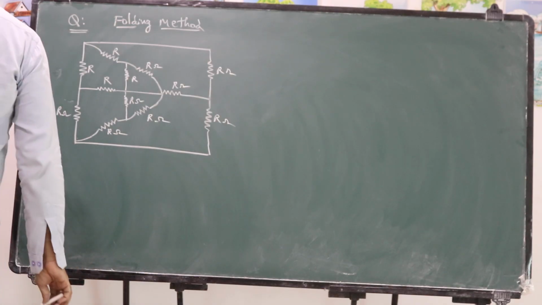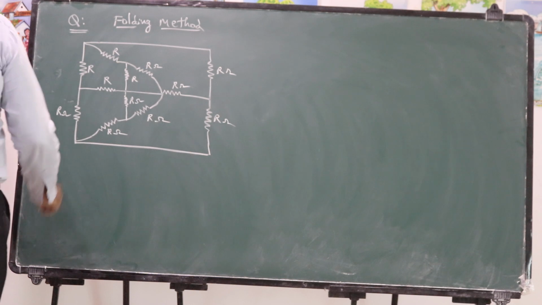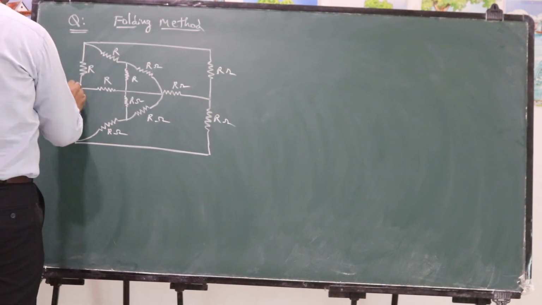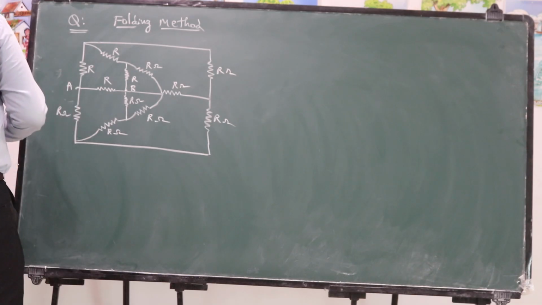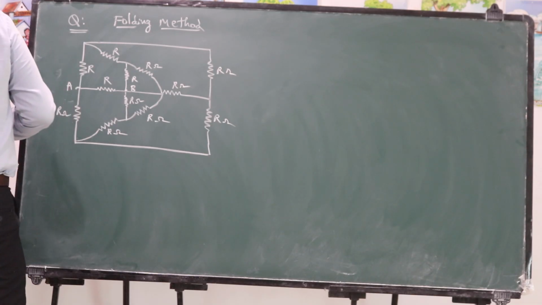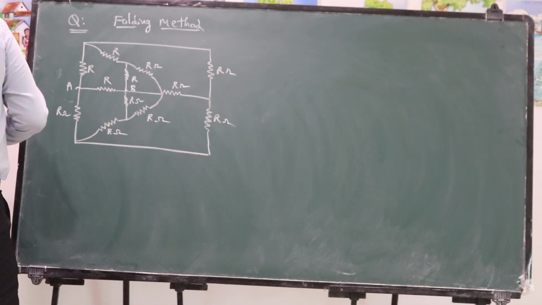Now the question is, they gave some letters like A here, B here, and A, B, they gave like this.